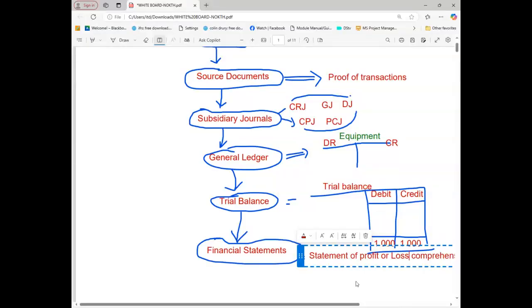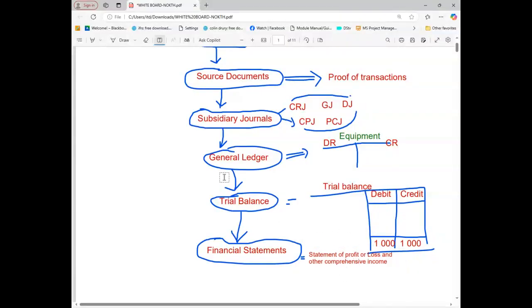And other comprehensive income, but we are going to learn more about it. So it's the same. In short, it's the statement of profit and loss, but it was formerly known as income statement.